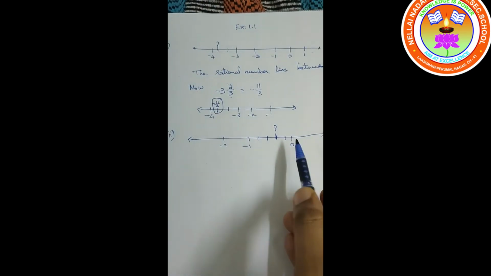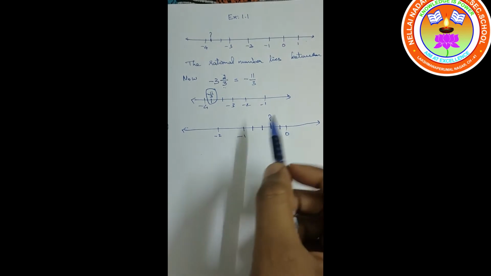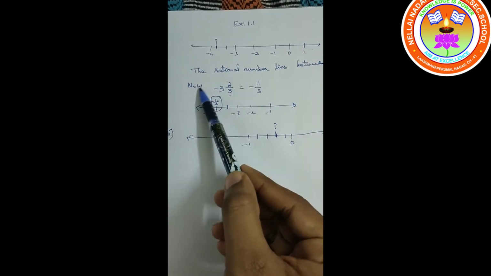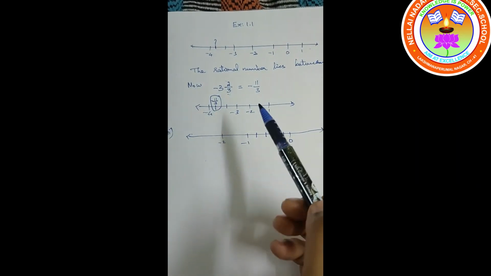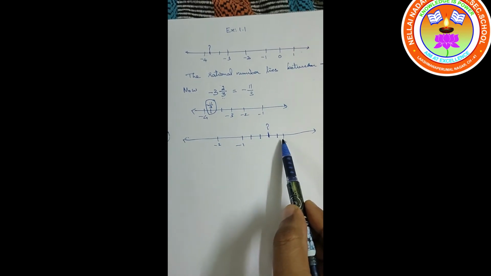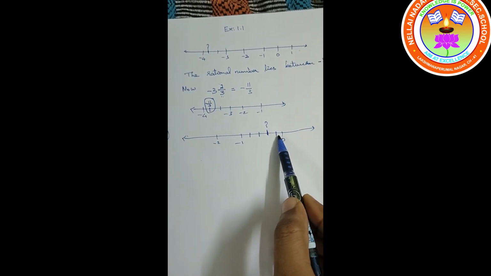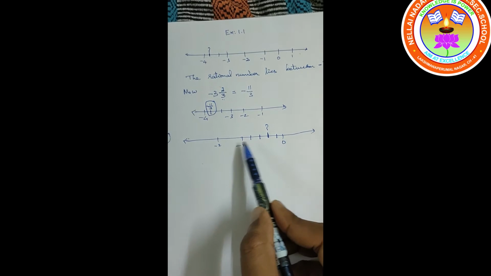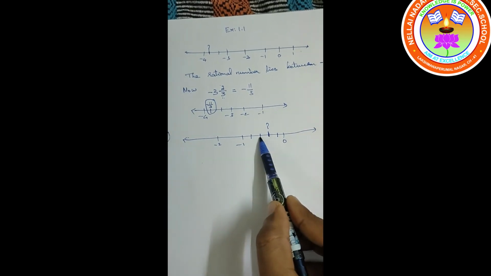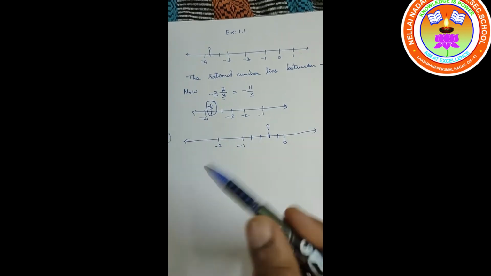Since it lies between 0 and -1, we need not do it in the previous method. We can write it down. You just check how many parts 0 and -1 is divided into. 1, 2, 3, 4, 5 parts.